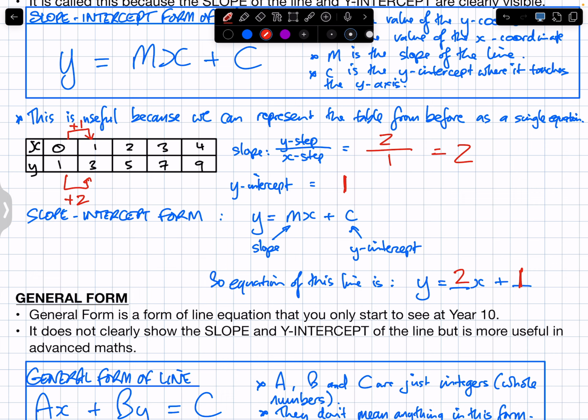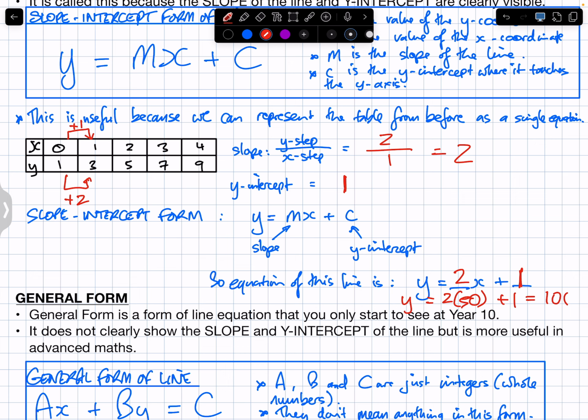Because on this table, do I know what y is when x is 50? Do I know? Where does it go up to? X is 4 is the last thing that I can do. Would I even have page space to write x is 50 in the table? No. But now, because I've got the equation, y is equal to 2 lots of 50 plus 1. 2 lots of 50 is 100 plus 1, 101.